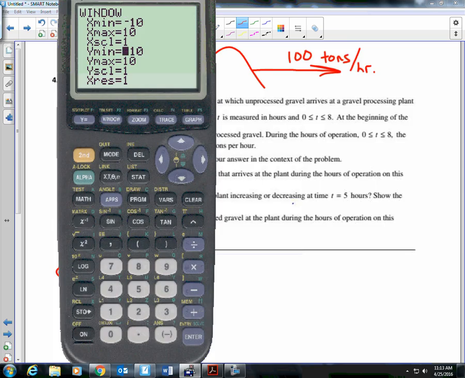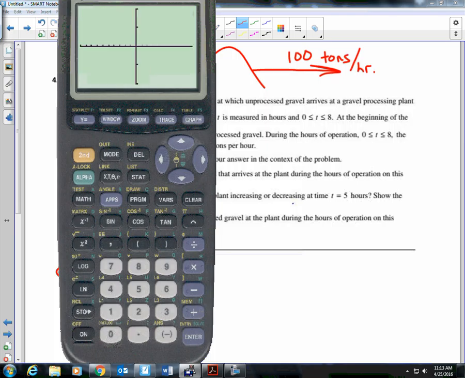Think of your graph. The graph is shifting up 90 units, and then the amplitude is 45. So what's the maximum value of this graph? 135. So I'm going to go to values of negative 200 and positive 200, so that on my graph, I can actually see what I want. See if that gives me a nice picture.